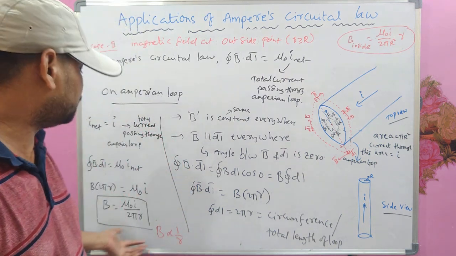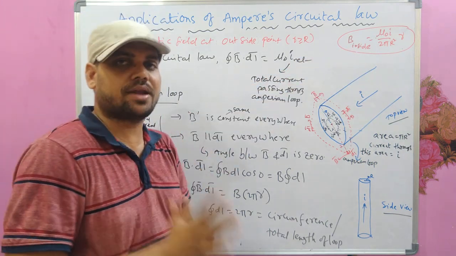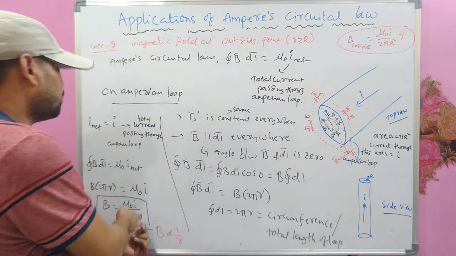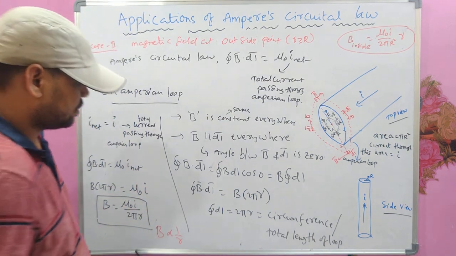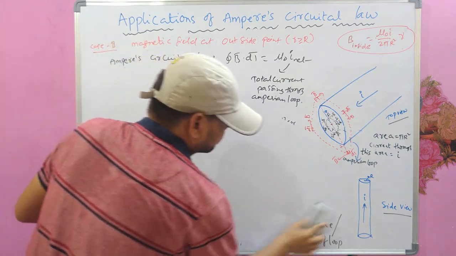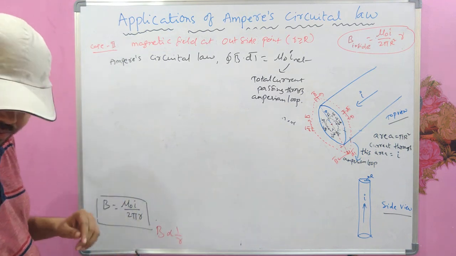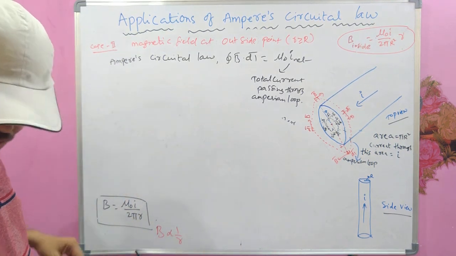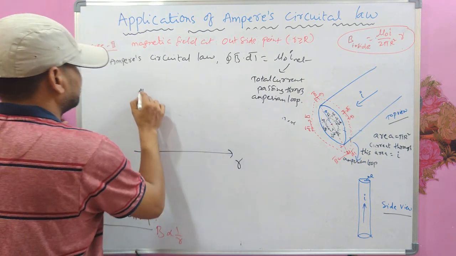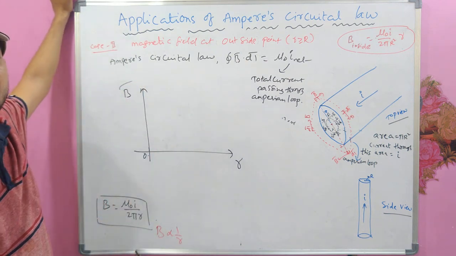Okay. So with these two formulas, let us try to draw one simple graph. Magnetic field versus small r. How does it look like? This is small r and this is magnetic field. This is the center of the wire.